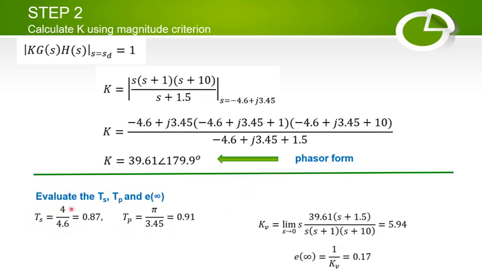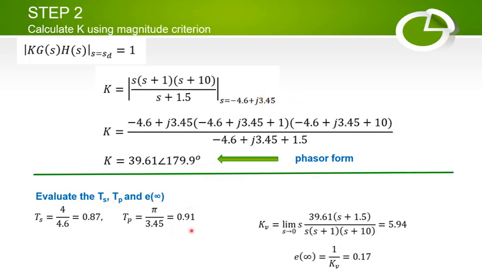Then come back to the question. The question also asks us to evaluate the settling time, peak time, and the steady state error of the system. Since we have calculated the dominant pole, we can calculate the settling time and also the peak time using the equations I have shown in the previous slide. Ts is equal to 4 over 4.6, which is the real part of your dominant poles, and you get 0.87, and peak time is pi over 3.45, which is the imaginary part of your dominant poles.